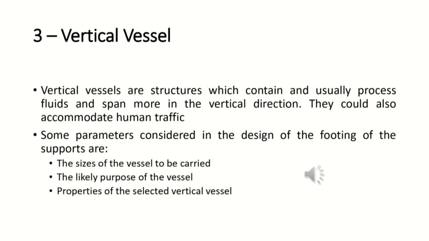When I say accommodate traffic, probably there could be connections of platforms around it to allow people access or for certain forms of inspection. Also, there are cases where you have steel structural frames that are surrounding the vertical vessel. So people are able to access different levels of the vertical vessel for whatever purpose.